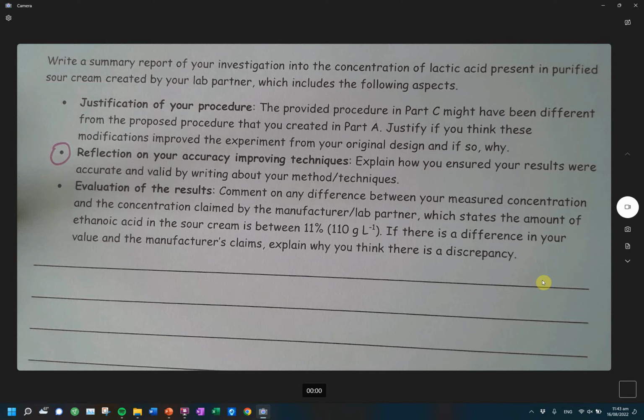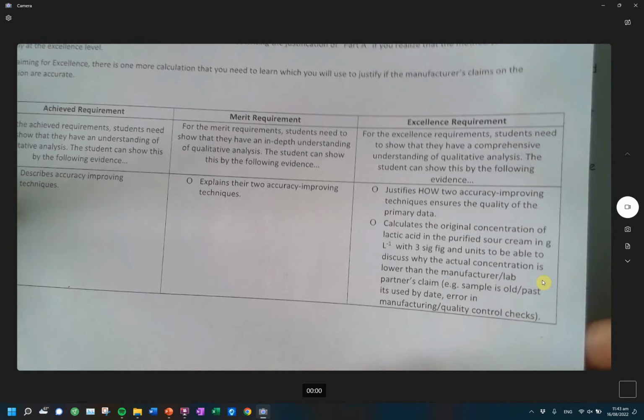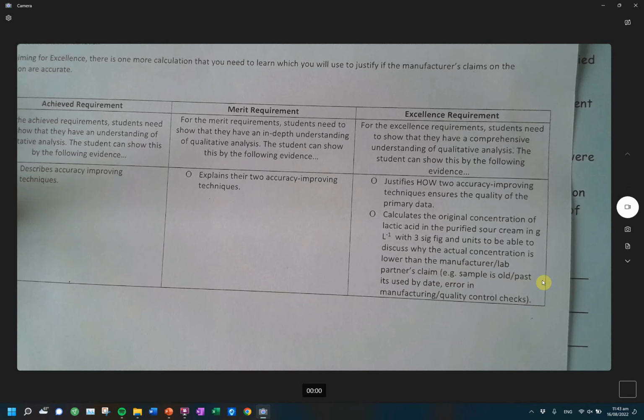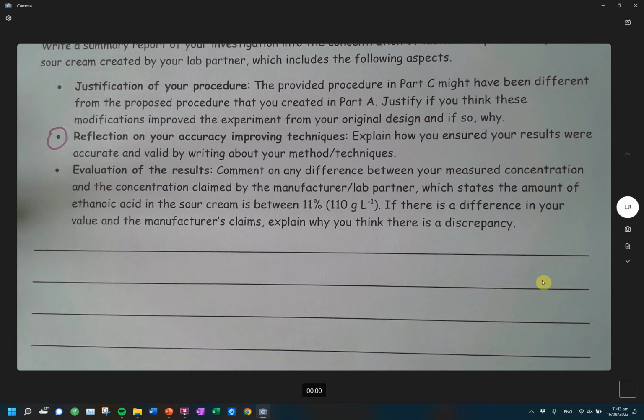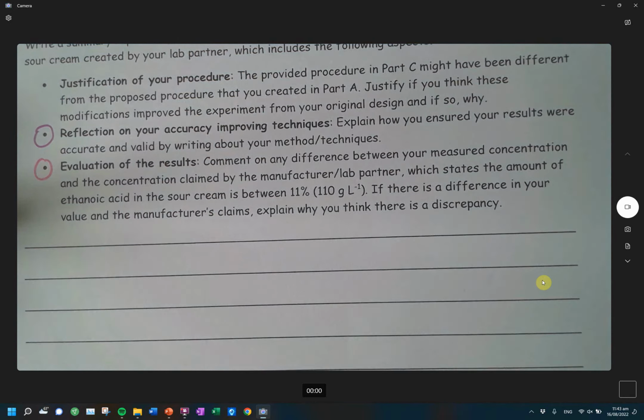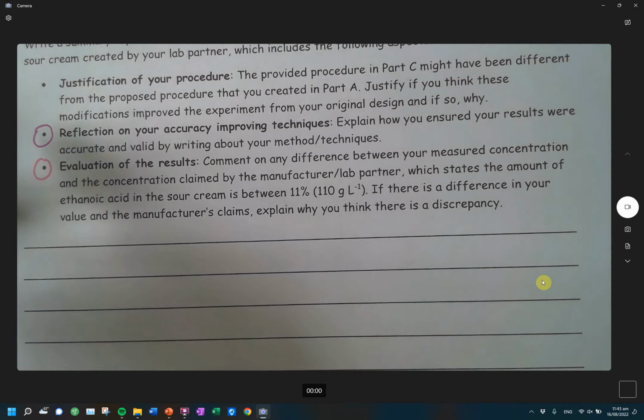The other thing that you need to do for excellence is you need to calculate the original concentration of the lactic acid, and you need to compare it against the manufacturer's claim or your lab partner's claim with the purification process. So that is your third bullet point here. This one. So if you're doing excellence, you should be doing both of these two.